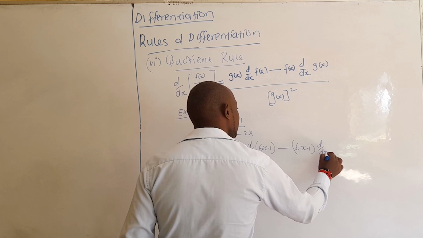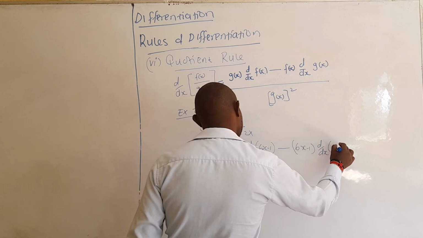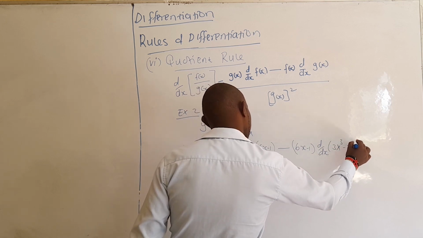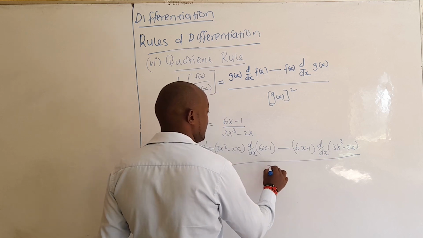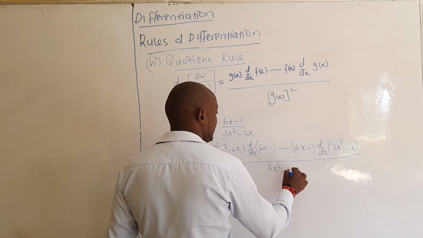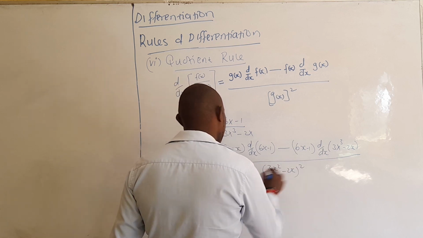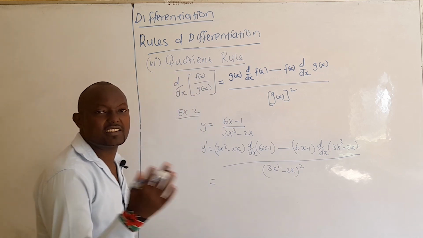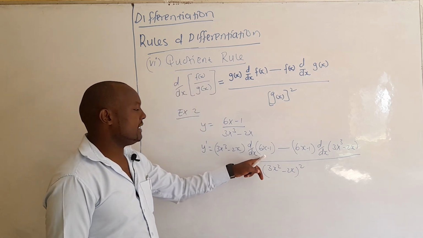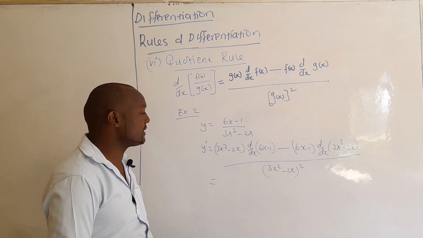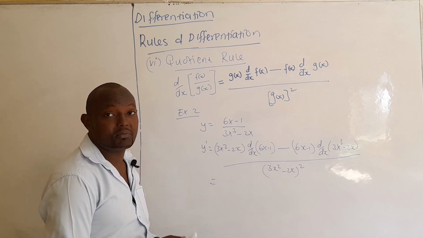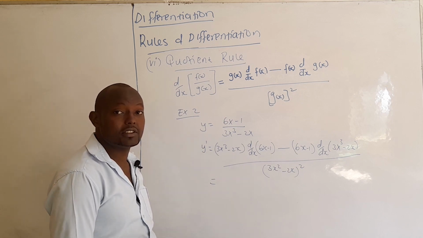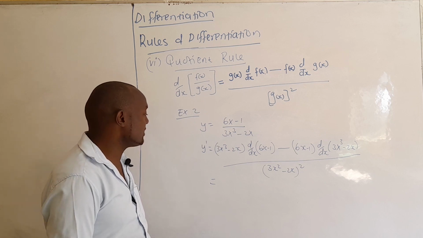Now we differentiate the denominator, all over the denominator squared. So with this one now, we just solve our derivative and then we leave it there, because I know when it comes to simplification, here will be much easier.